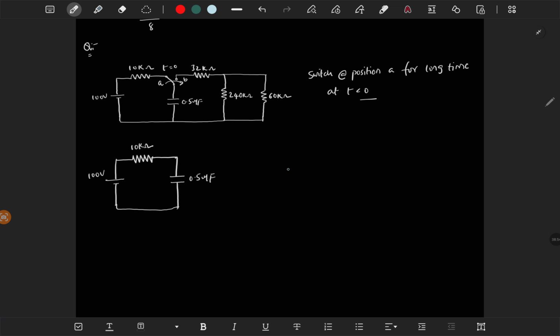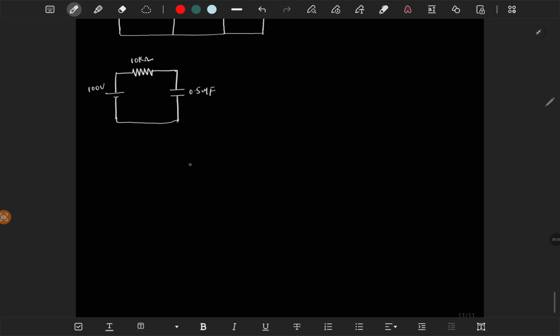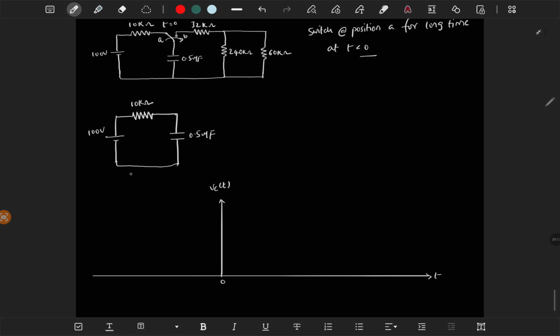So for t less than 0, we can draw here Vc of t. Let's say we have applied this 100 volt maybe at some point, so maybe here.